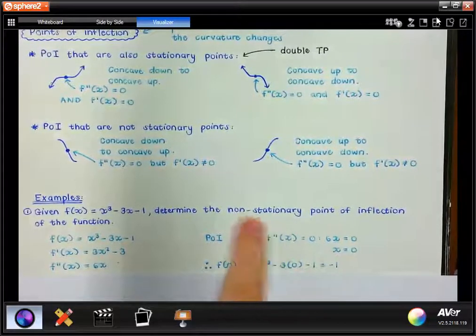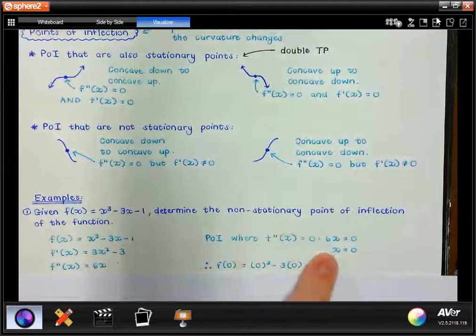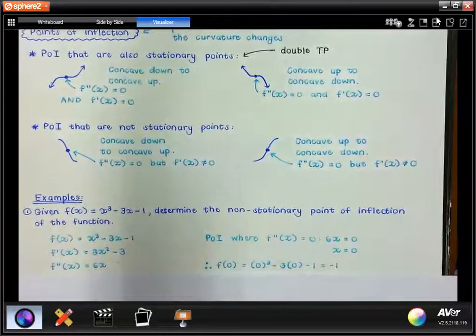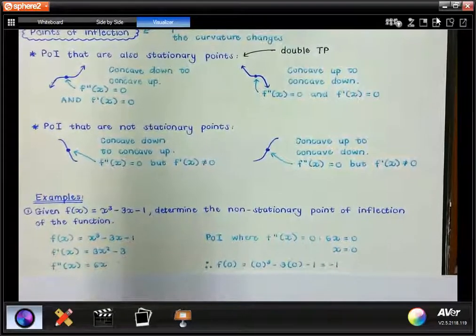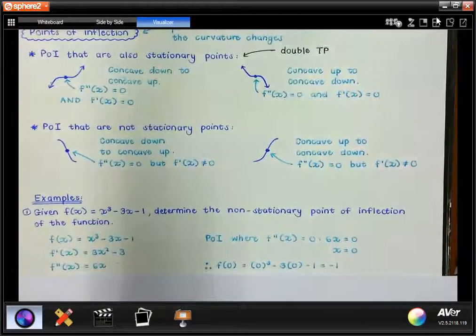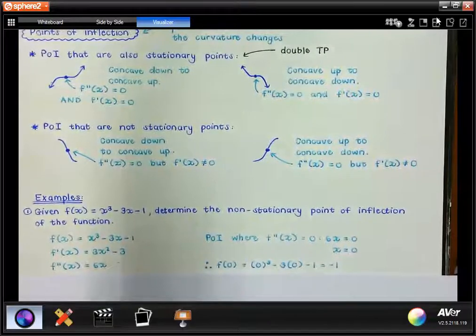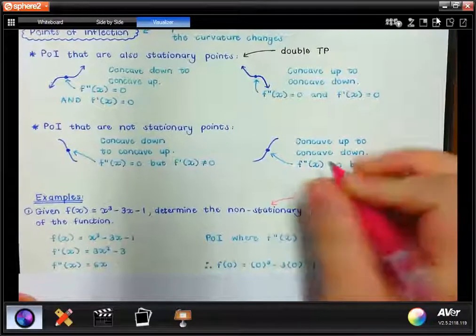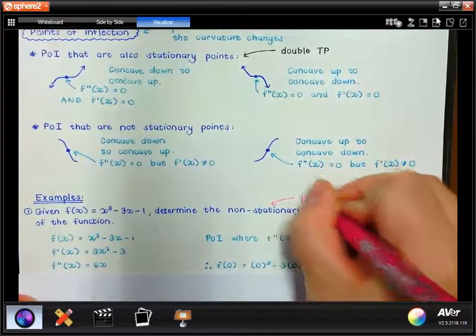So for non-stationary, the second derivative must be equal to 0, we have that there, but the first derivative not. So let's just add that there in the actual question. If we're saying non-stationary, the first derivative must not be equal to 0.